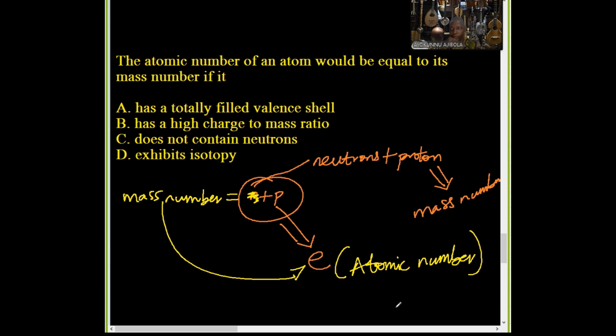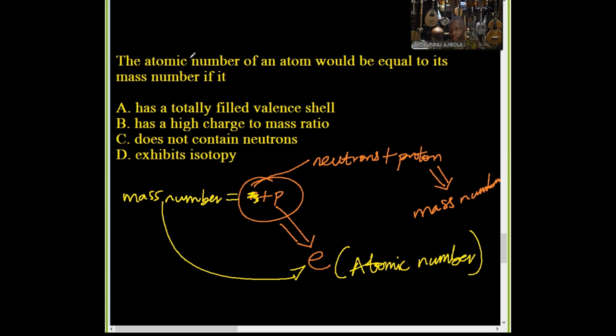D, exhibit isotopy. You guys just listen to the explanation without making use of the knowledge there. Listen again. Mass number is neutron plus proton. The number of proton is the same as the number of electron, which is the atomic number.